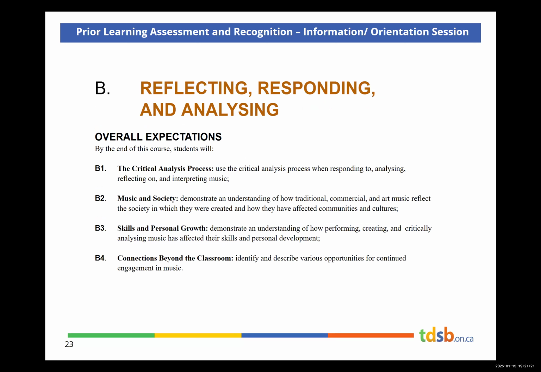Use the critical analysis process when responding to, analyzing, reflecting on, and interpreting music. B2, music and society. Demonstrate an understanding of how traditional, commercial, and art music reflect the society in which they were created and how they have affected communities and cultures.